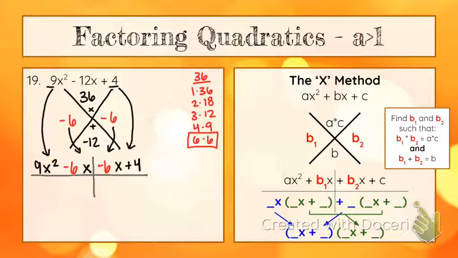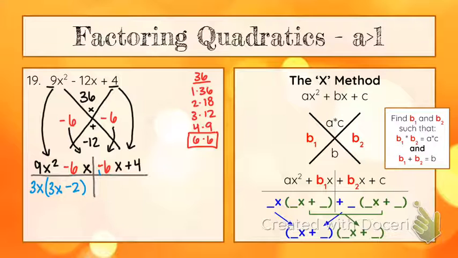So on the left side, the greatest common factor of 9x squared and 6x is 3x. 9x squared divided by 3x gives us 3x. And negative 6x divided by 3x gives us negative 2.